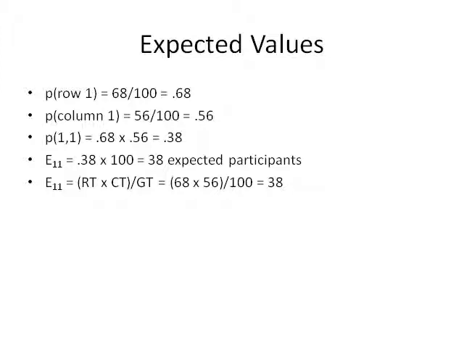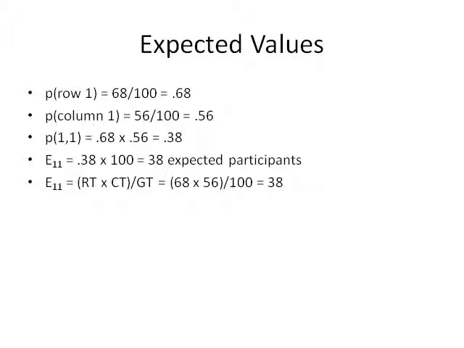The answer goes back to the multiplicative law of probability, which we learned in a previous class. So an expected value could be expressed as follows. What is the probability somebody would be in both column 1 and row 1? Or what is the probability someone would be in both column 1 and row 2?